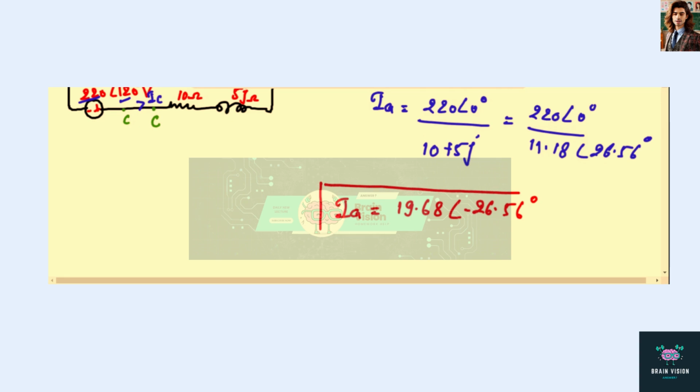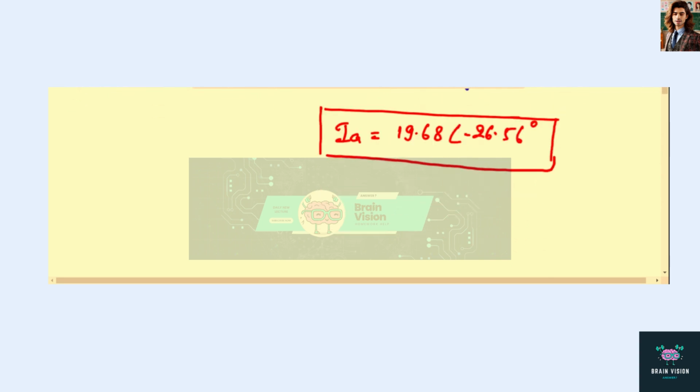Now we have to find the values of IB and IC. As I already said, and this is the important point, the magnitude of IA is equal to the magnitude of IB is equal to the magnitude of IC, because this is balanced, and the phase difference must be 120 degrees.